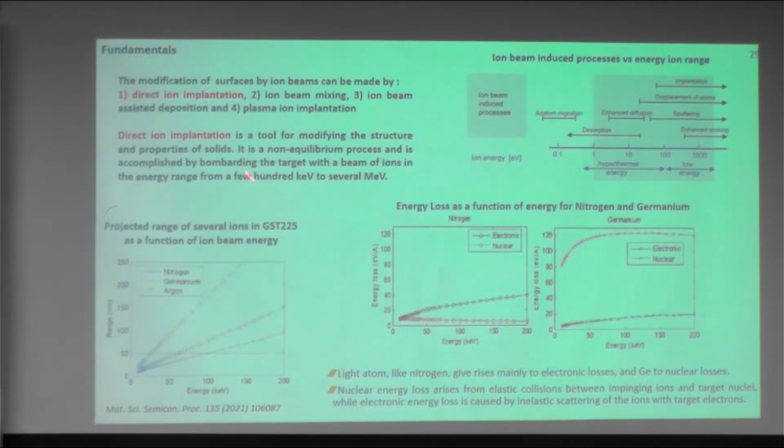This is a non-equilibrium process, accomplished by bombarding the target with a beam of ions in the energy range from a few hundred kilo electron volts to several mega electron volts. Here you can see a sketch of the processes which can be induced by ion beams. This is the energy scale, ranging between 0.1 and 1,000 eV.